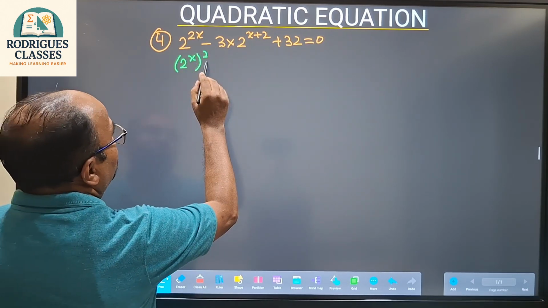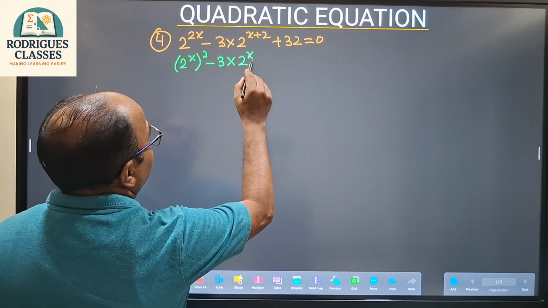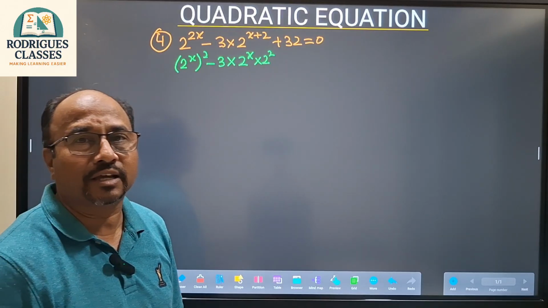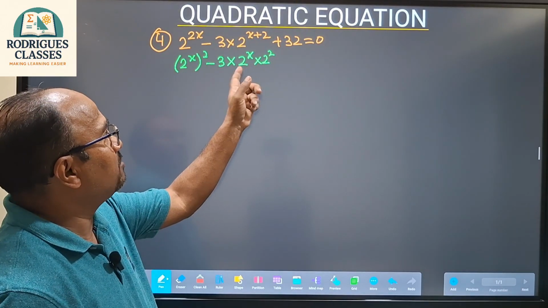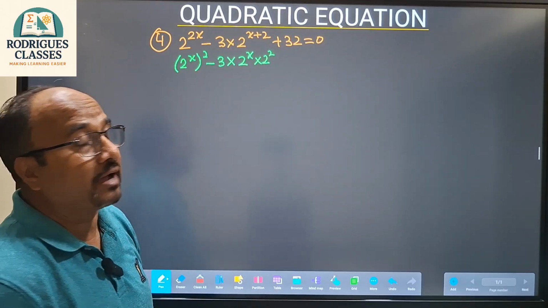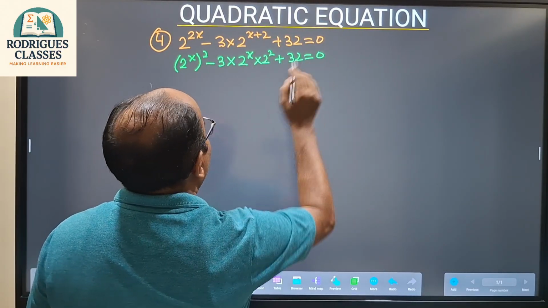And 2 to the power x plus 2 will be written as 2 to the power x into 2 to the power 2, because when bases are same, powers get added. Plus 32 equals 0.